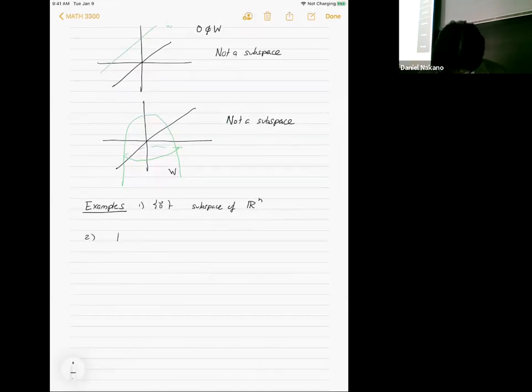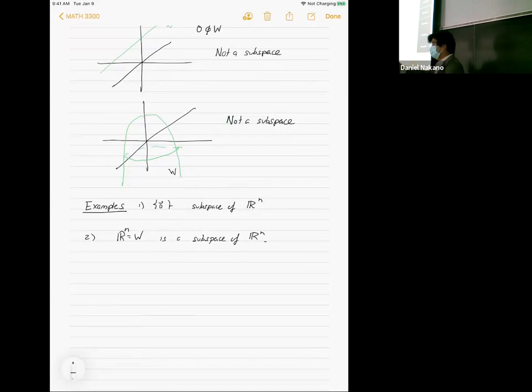Example 2, if I take the whole space, this is a subspace, kind of in a trivial way. And we've actually seen examples of other subspaces. So can someone tell me another example of a subspace?